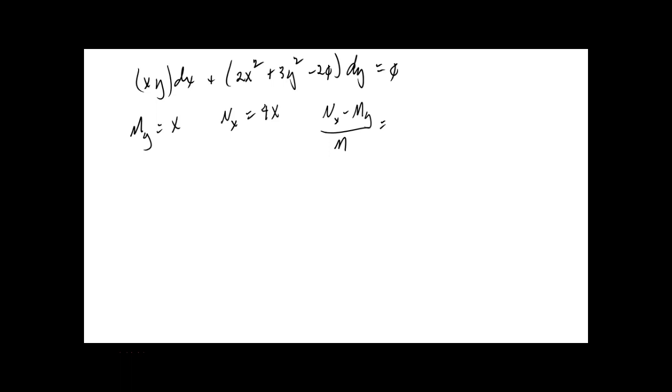N sub x minus M sub y over M is 3x over xy. Guess what? The x's go out and you get 3 over y.